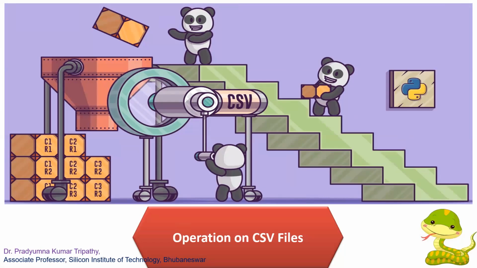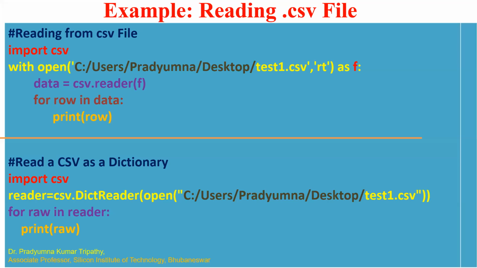MS Excel is itself a database. So this is very important from a practical point of view. When you work with Python, maybe in data science or somewhere, you will be going through these CSV files.